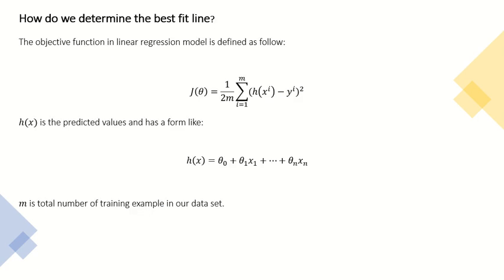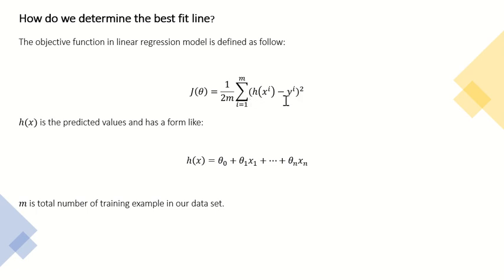Now, if we have n dimensions, we should define an objective function for our problem, since it's an optimization problem. The objective function is like that, and it is the difference between our predicted value and real value, and this predicted value is equal to this equation.